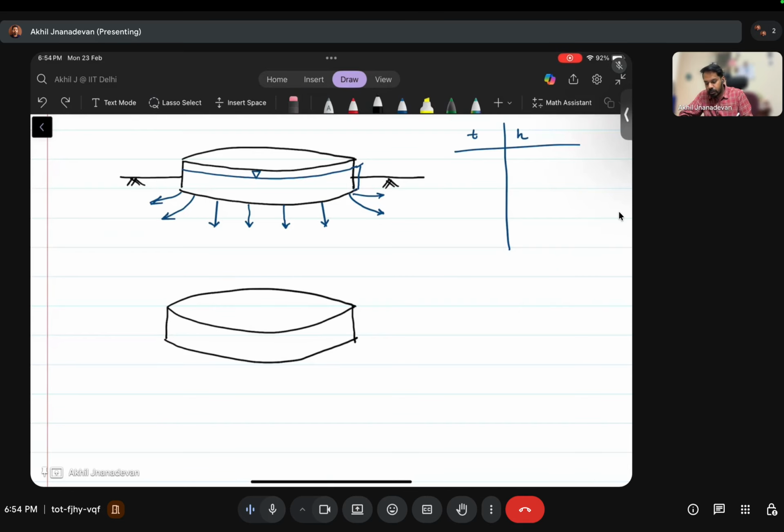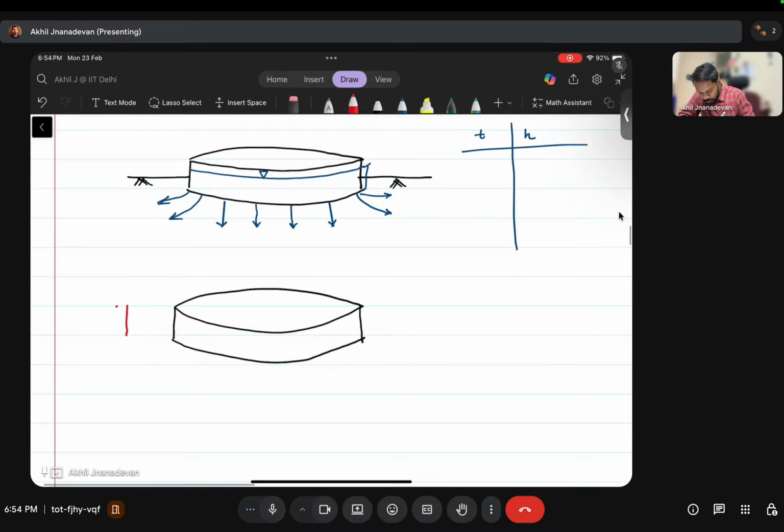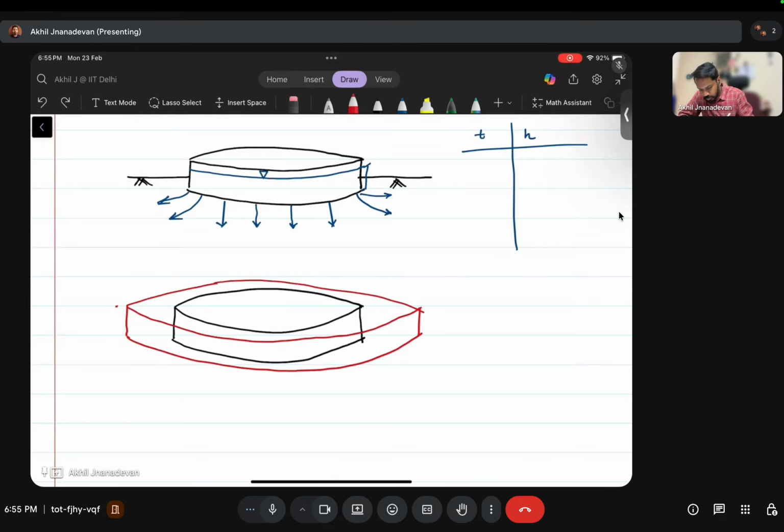So this is the inner ring, and outer to this we'll have another ring.